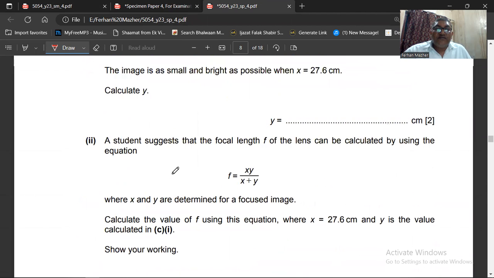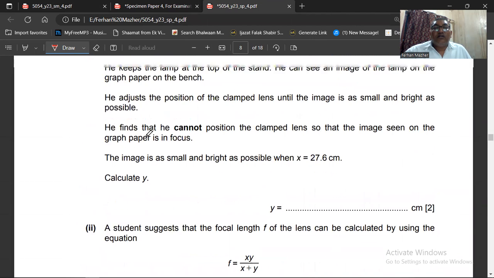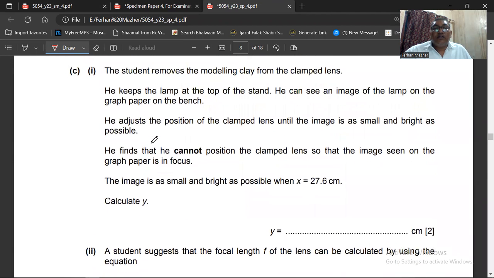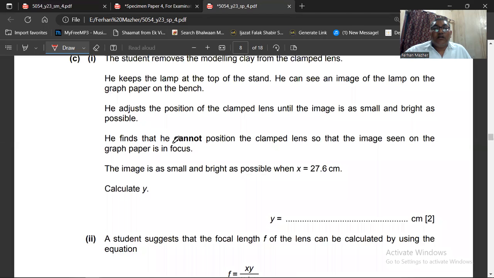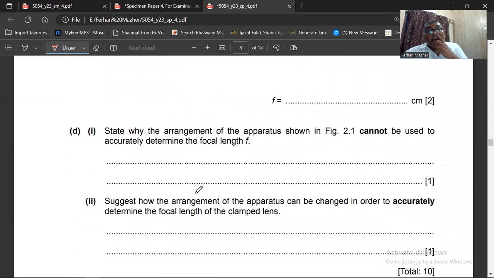The image is not focused, so the image is still not in focus.